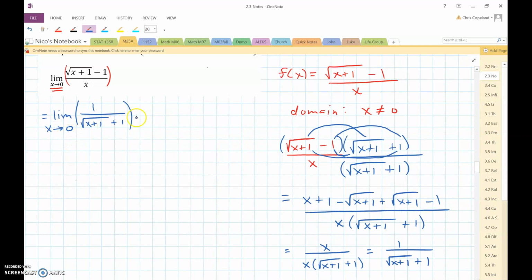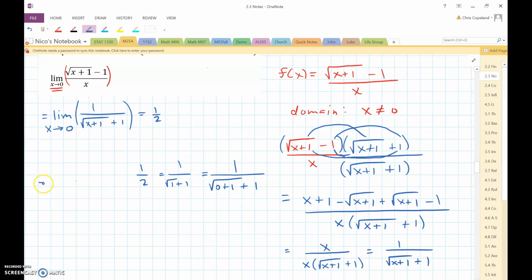So if we do direct substitution, if you substituted 0 in for x here, you're going to get 1 over the square root of 1, plus 1, which would be equal to 1 over 2. So this is going to be equal to 1 over 2.